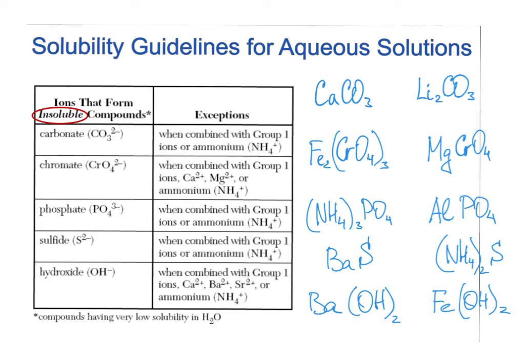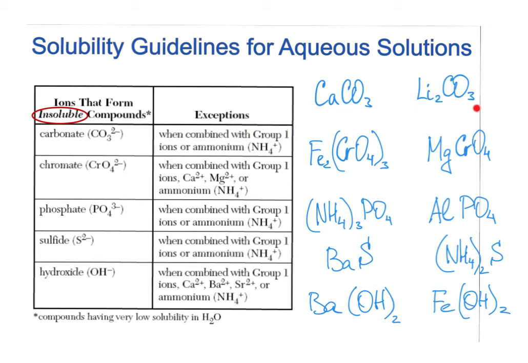It's going to be solid and it will not be dissolved in aqueous solution. Then we check if by any chance the carbonate ion happens to be accompanied by one of the exceptions. And look at this. All metals from group number 1 happen to be that exception.